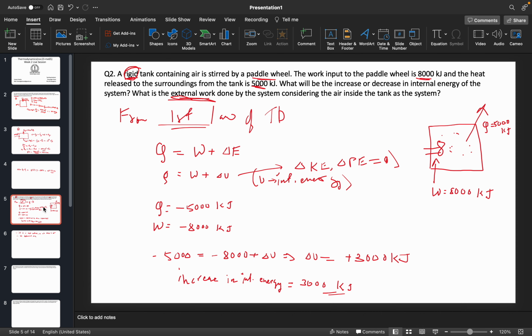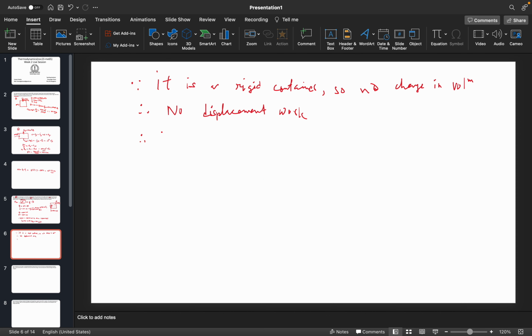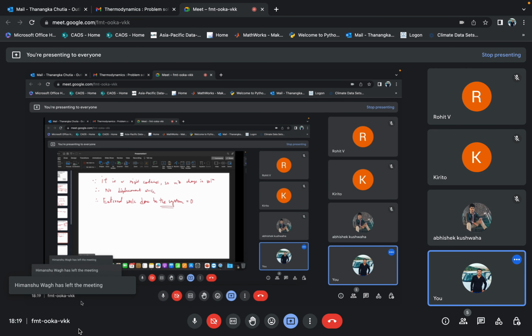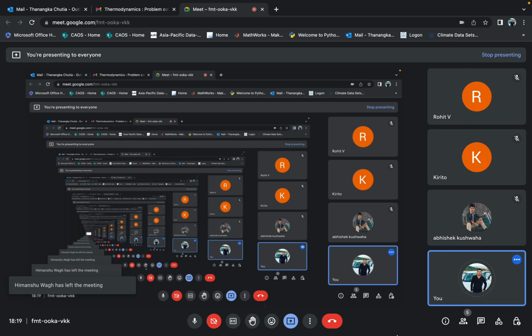Therefore, external work done by the system is equal to 0. Okay, is it clear?